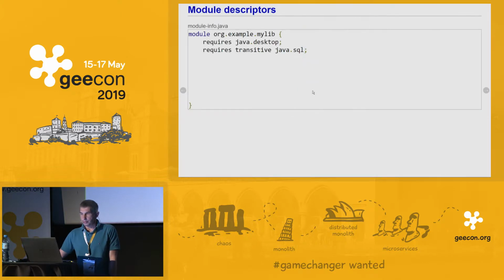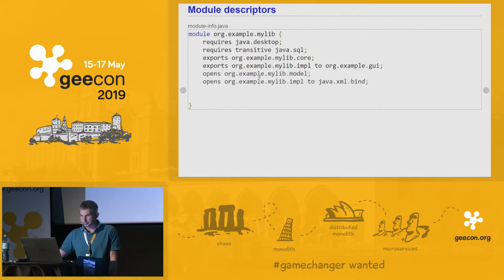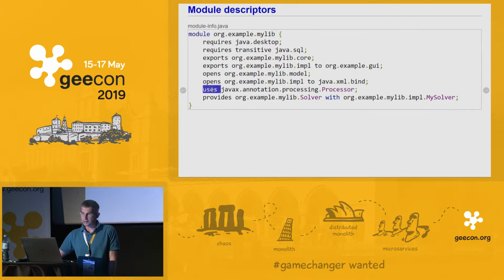So module-info.java contains information about the project dependencies, normal or transitive dependencies, the packages exposed by our module to other modules, the packages open for deep reflection to other modules, the services used by our module, and the services provided by our module, and the implementing class.